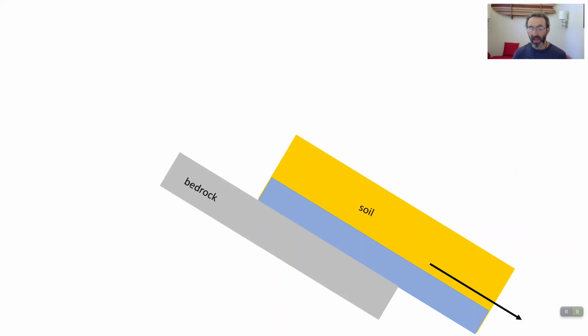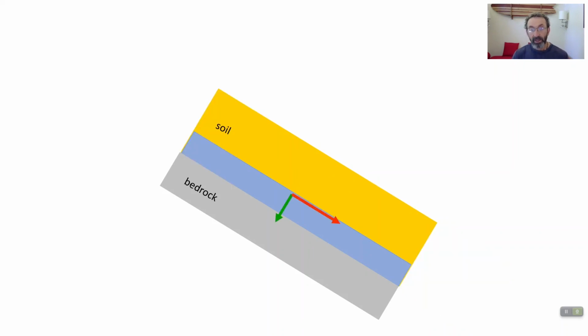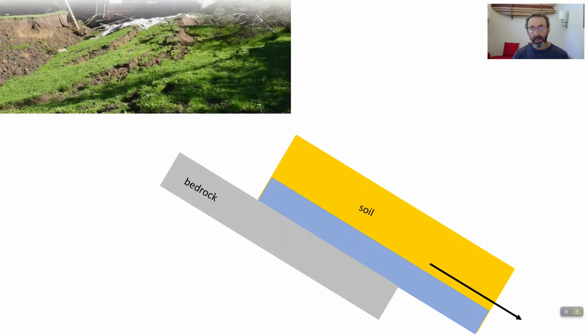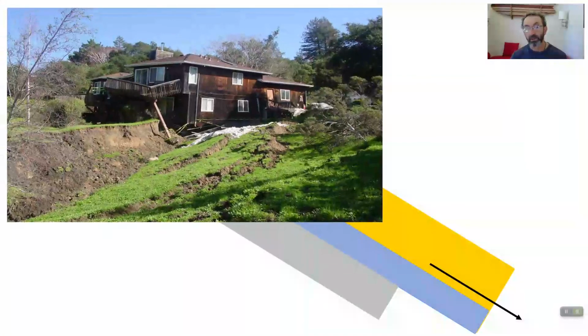Okay, so the idea is the same as we saw earlier, where we're comparing the lengths of the arrow, and because all the water here in the soil decreases the normal stress, the green arrow gets smaller and smaller and smaller until it's finally less than the red arrow, which represents the shear stress, and that leads to failure, and that leads to situations like this.